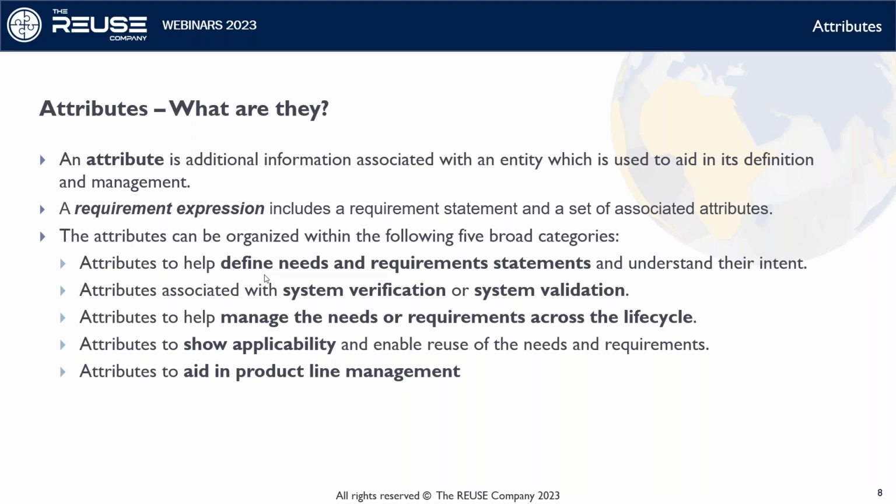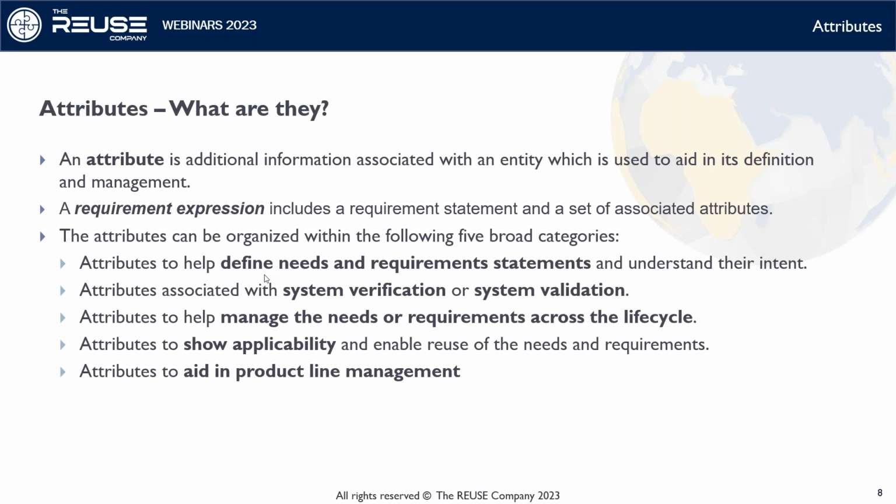It's all those attributes which will help you in the verification or validation activities associated with that requirement. The third one is a set of attributes that will help you to manage both the requirement and the requirement lifecycle, but also how it's connected to the development effort itself. So it's connected to the progress of the work around that requirement, and you will see that also in the presentation.